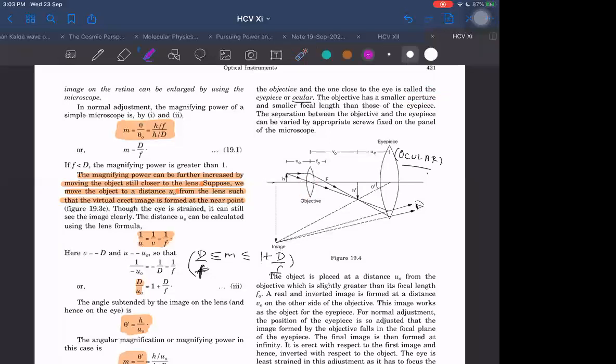And this is the objective. On the other hand, the eyepiece has, as you can see, a larger size, larger aperture. And if it has a smaller aperture, it has a smaller focal length also.